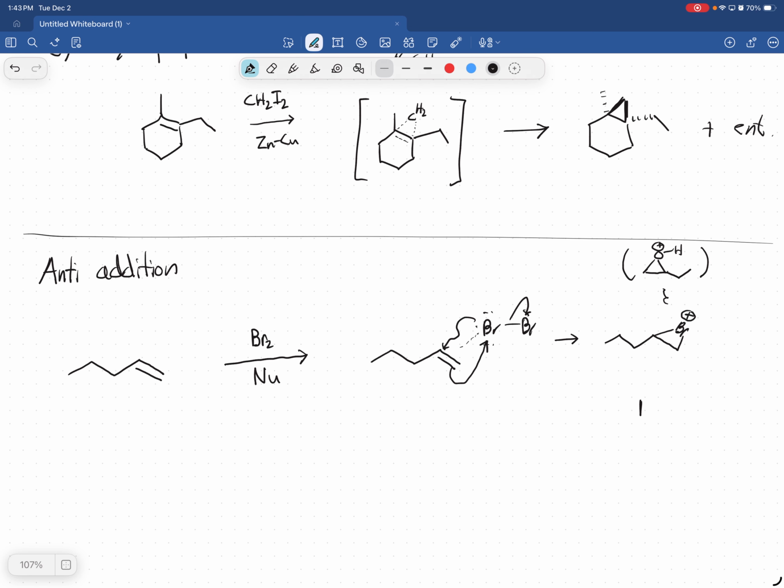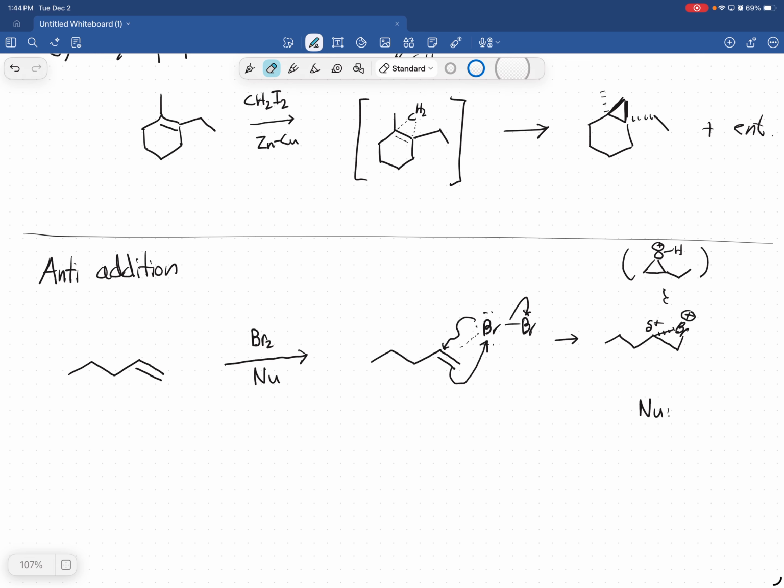So this nucleophile, it's neutral, like water or alcohols or acids. They'll attack on the more substituted side because this has a more partially positive side. So this bond right here is partially broken. That's why we attack there. And which side does it attack, on the same side as the leaving group, the C-Br bond, or on the opposite side? Opposite, right? So this is still like SN2 type chemistry.